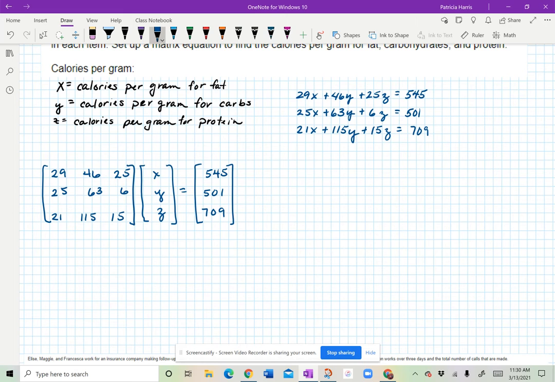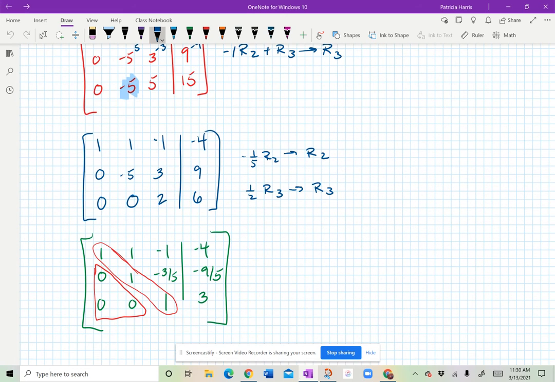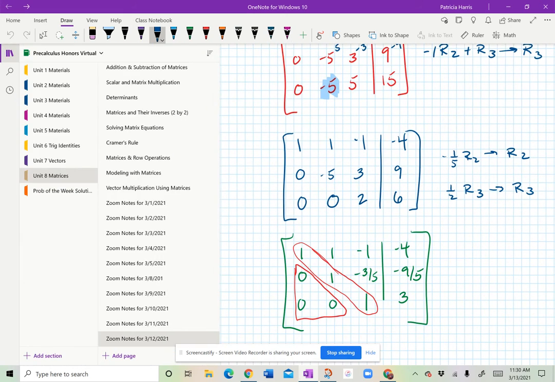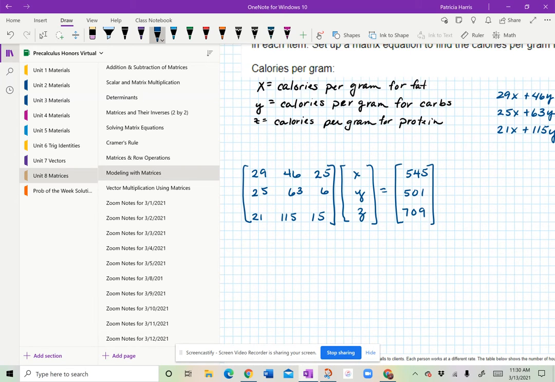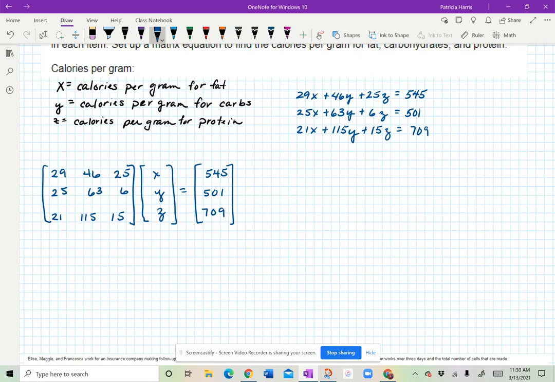So first thing we got to do is rewrite it as an augmented matrix, just so we know what to put into the calculator.